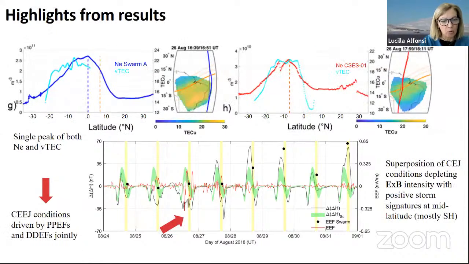Moving to the following epoch, we see the concurrent combination of prompt penetrating electric field and the Sternbach dynamo that gave rise to counter electrojet condition that also caused the enhancement of ionization at middle latitude, as you can see here, that is very well visible in the Swarm A assessment of the ionospheric condition, less visible in the XS representation.